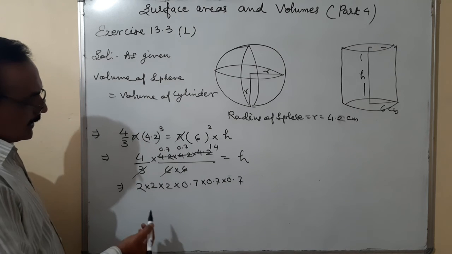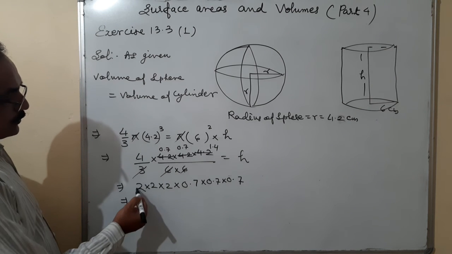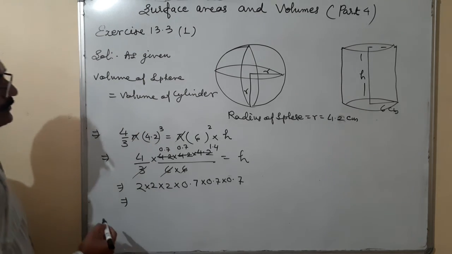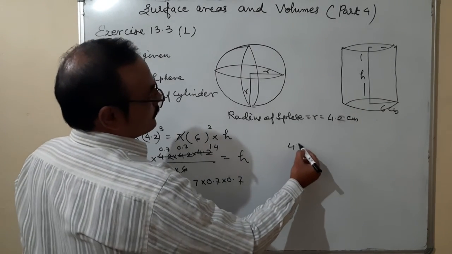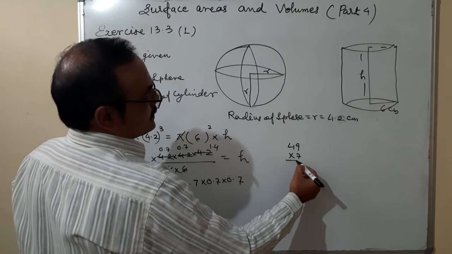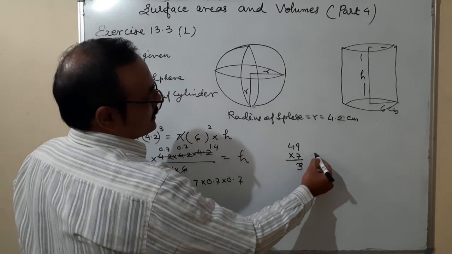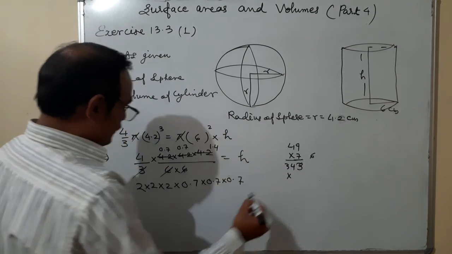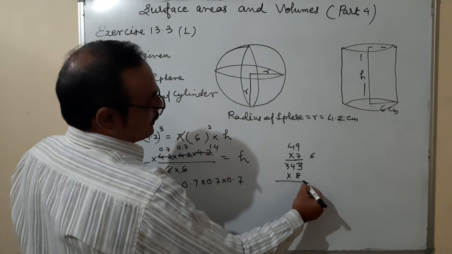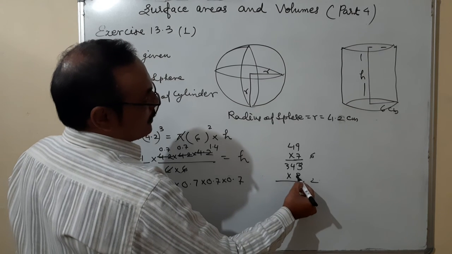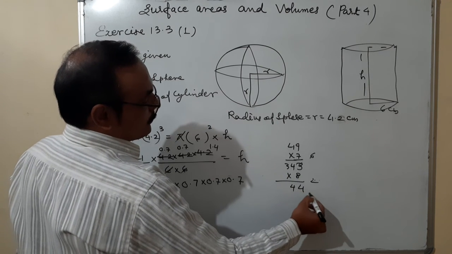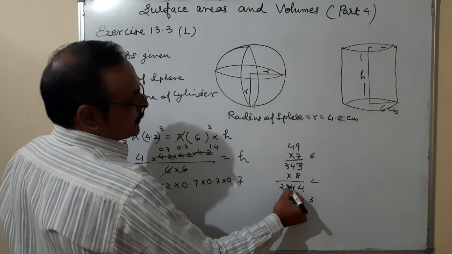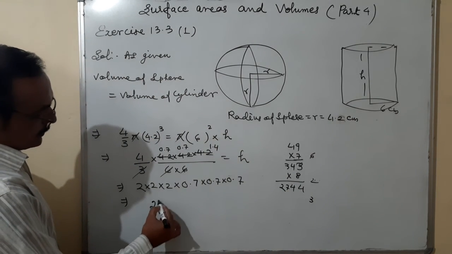Simply we are going to multiply. 2 2s are 4, 2 4s are 8. 7 7s are 49, 49 7s are 343. 343 multiplied by 8. 8 3s are 24, 8 4s are 32, 8 3s are 24, 24 and 3 is 27, so 2744.